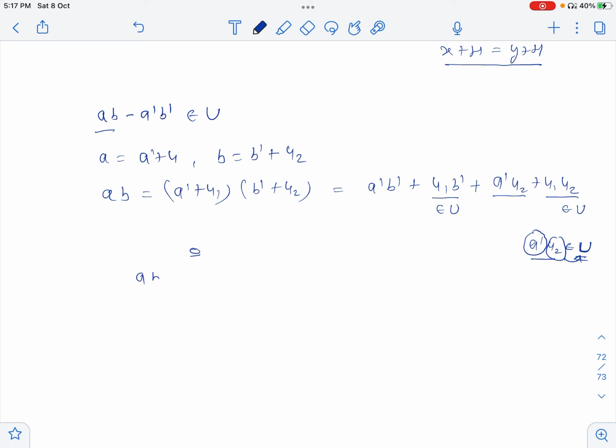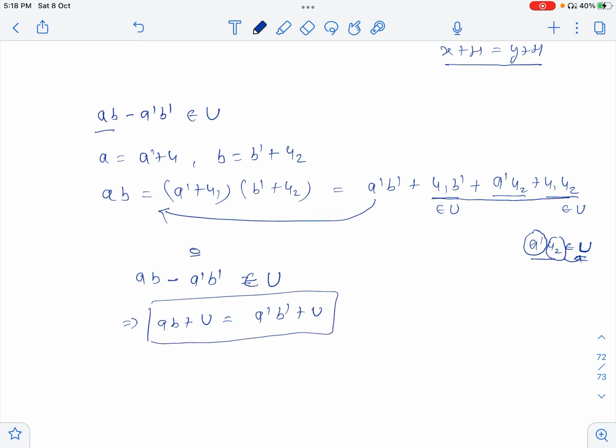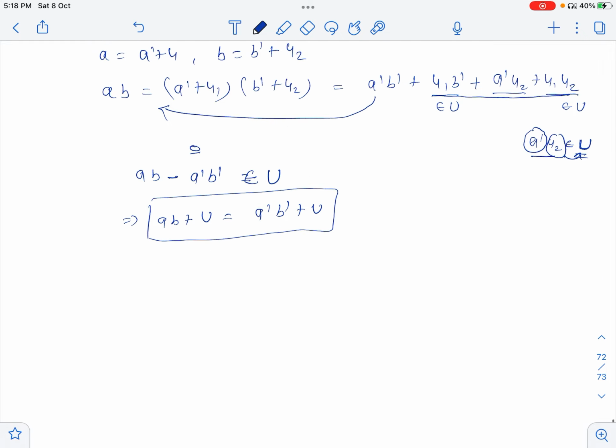So ab minus a dash b dash, taken to the left hand side, is equal to something which all belongs to U. So this belongs to U. That means ab plus U is equal to a dash b dash plus U. Hence we prove that the second composition is also well defined.